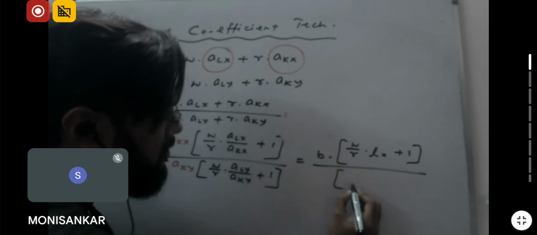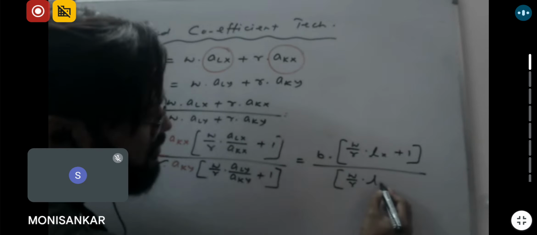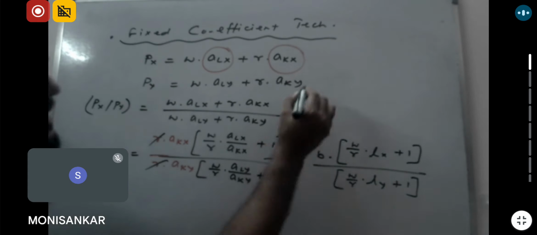Any idea of labor or capital meaning? Labor capital ratio to produce 1 unit of X. Very good. Labor capital ratio to produce 1 unit of X. That is your labor capital ratio on the unit isoquant. On the unit isoquant. And this one is basically your labor capital ratio. Why? See.